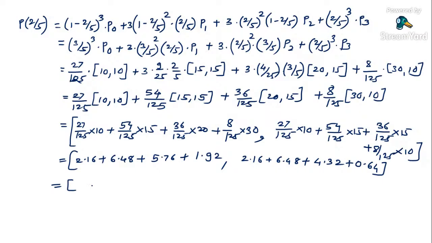So you can have the additions. 2.16 plus 6.48 plus 5.76 plus 1.92, 16.32, comma. Next, 2.16 plus 6.48 plus 4.32 plus 0.64, 13.6. So the third point we got for P of 2 by 5.